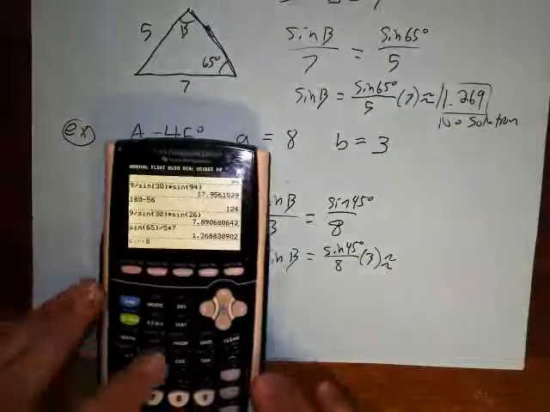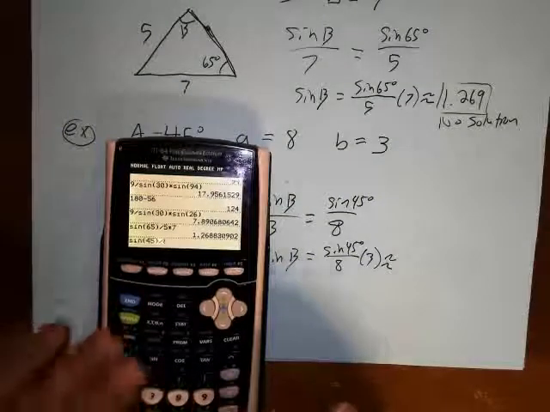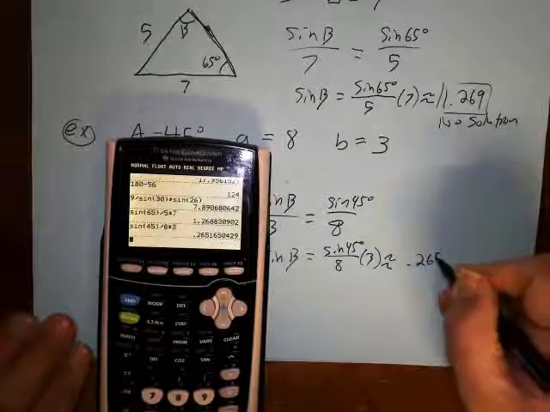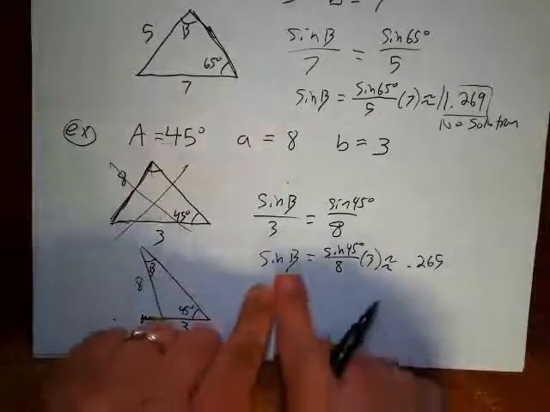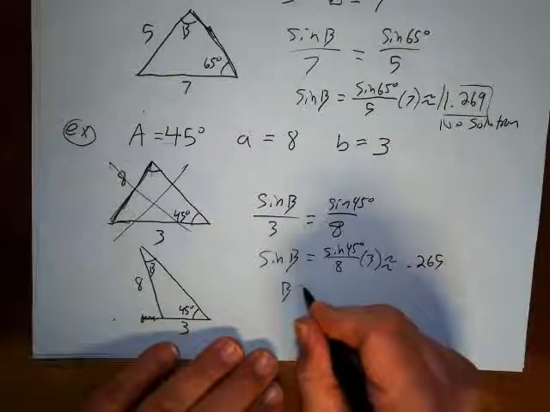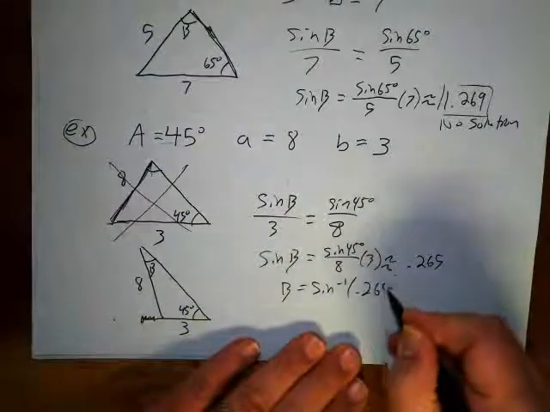And let's see what we get. And I get like 0.265. And so indeed this does have a solution. And so my B would be the sine inverse of 0.265.